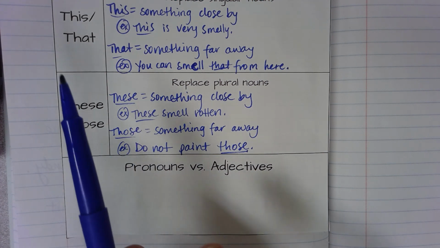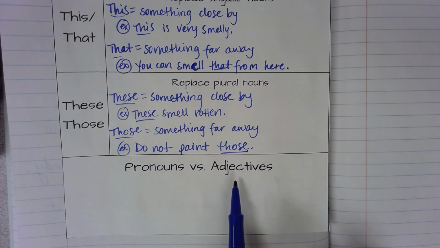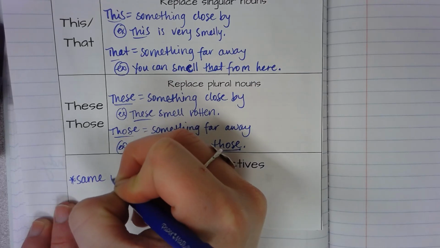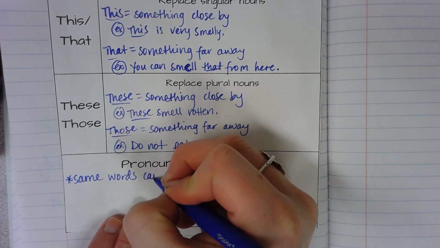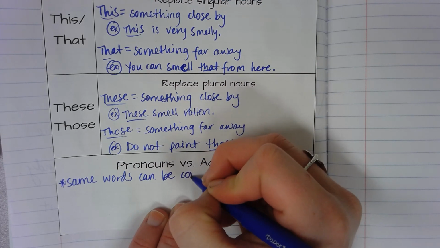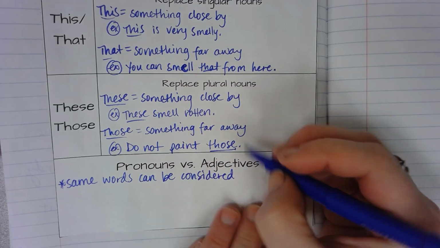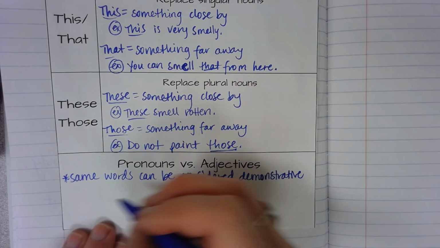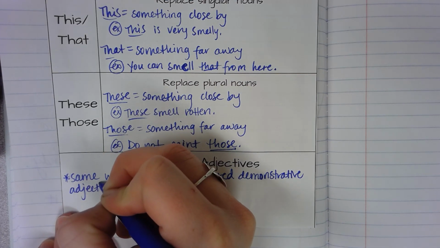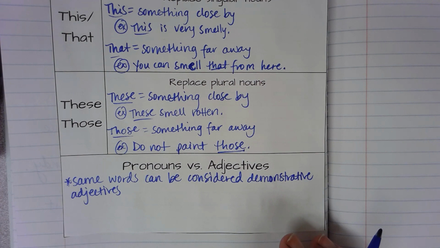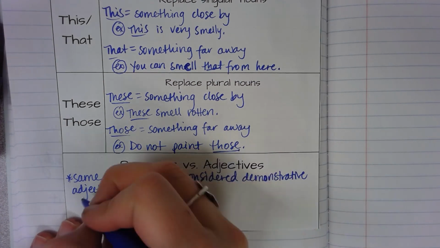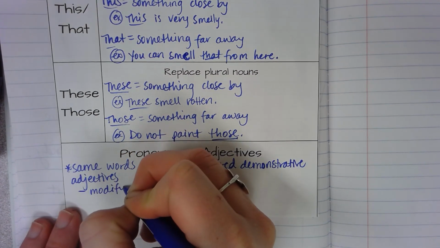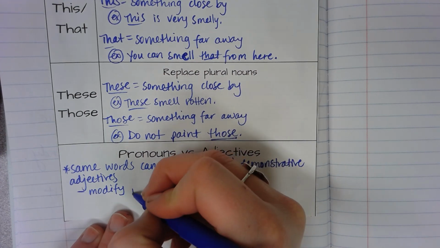Well, these four words can also be used as adjectives, and they're called demonstrative adjectives. So they are the same words, can be considered demonstrative adjectives. The adjectives, or if it's being used as an adjective, they modify pronouns or nouns.